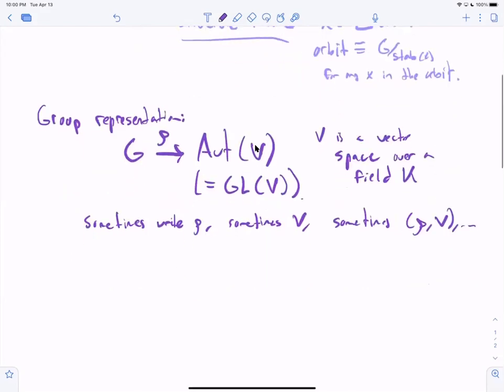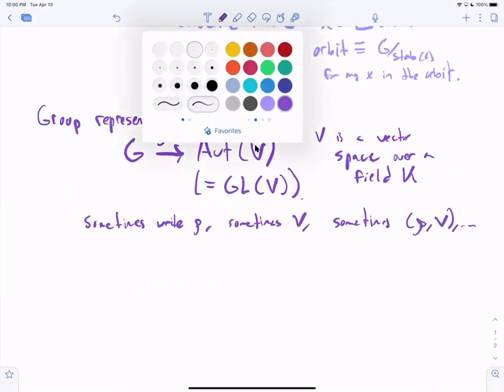Okay, so that's what a group representation is. And let me fill in a few related concepts.